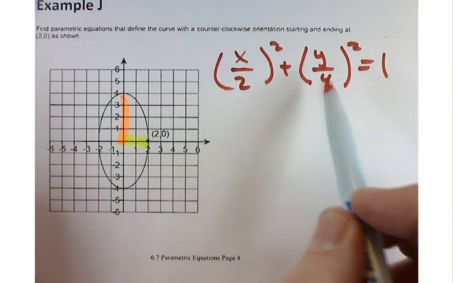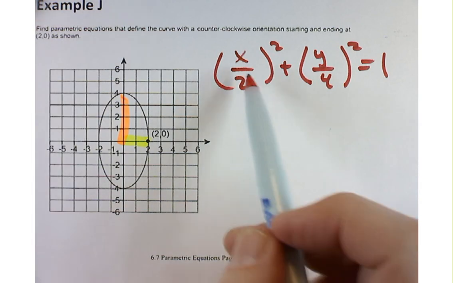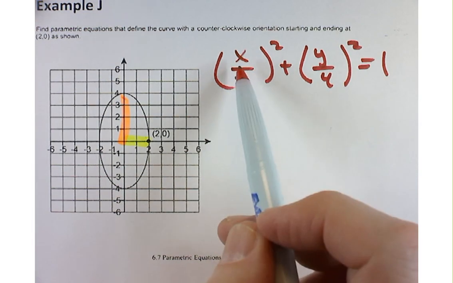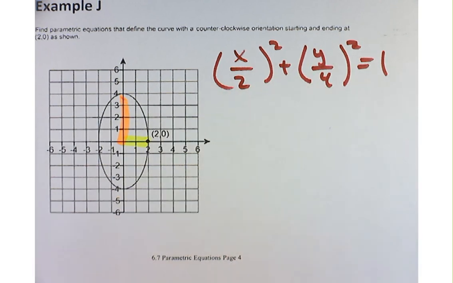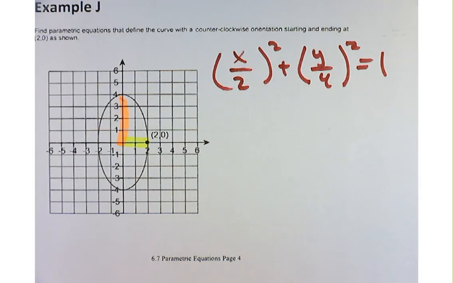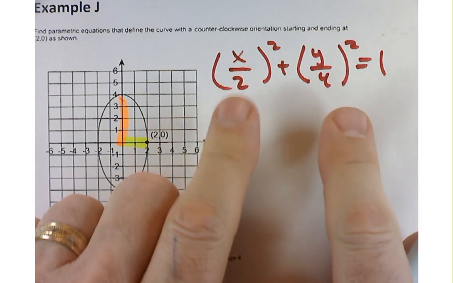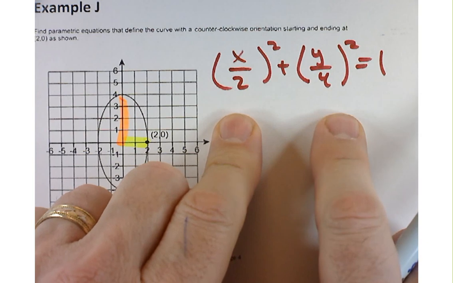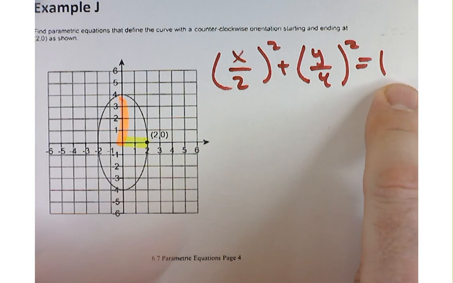Now I need to come up with something for x and for y. So here's the thing. When I divide my x by 2 and when I divide my y by 4, I want things to cancel out so that I'll have a sine squared plus a cosine squared or a cosine squared plus a sine squared equal to 1.